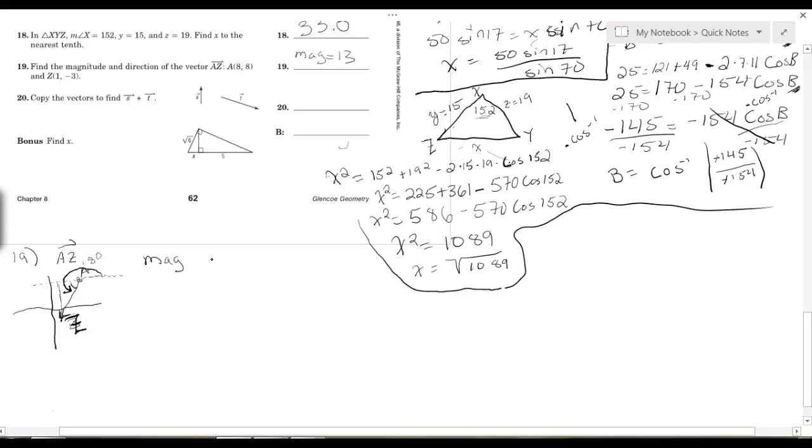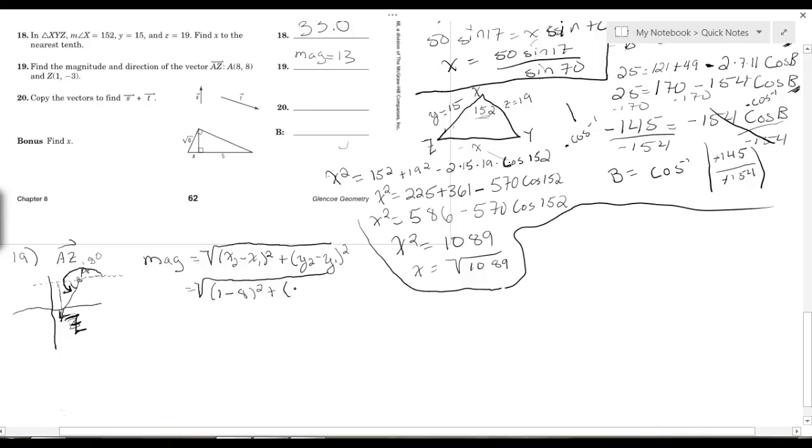My magnitude, I use the distance formula, so it's going to equal the square root of x2 minus x1 squared plus y2 minus y1 squared. So I'm going to plug those values in. My x2 value comes from z, so it's going to be 1, and my x1 value is 8.